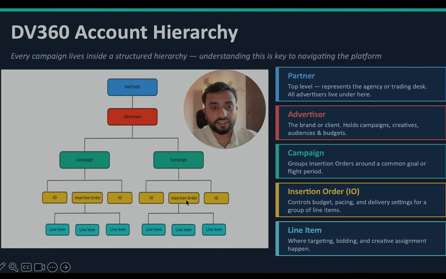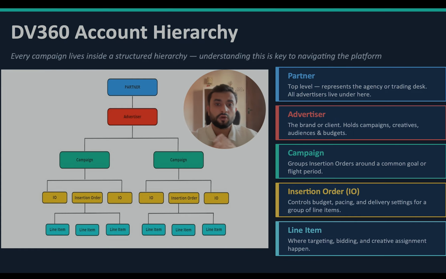Now, what is the IO or insertion order? IO controls budget, pacing, and delivery settings for a group of line items. And on various IOs itself, you control, let's say you have a $2,000 budget and you're a shoe company, okay? So you create different IOs for running shoes. There is a different IO for casual shoes.